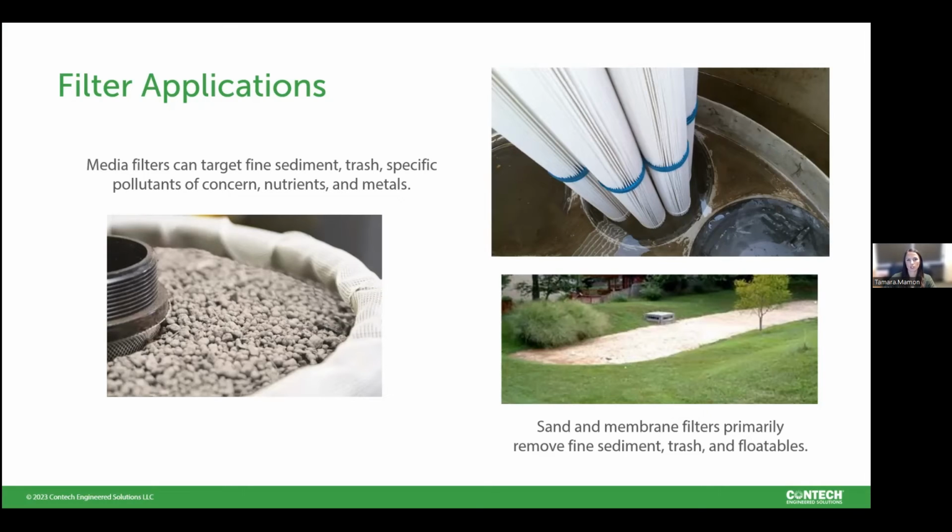They're just more efficient at removing particulate-bound nutrients and metals. If you're looking to remove more dissolved nutrients and metals, that's when you would start looking at a media filter. So similar to a membrane or sand filter, it can target that sediment, trash, and floatables, but can also target specific pollutants of concern by actually changing the media within the cartridge. That change in composition can target different nutrients and metals you're looking to remove.